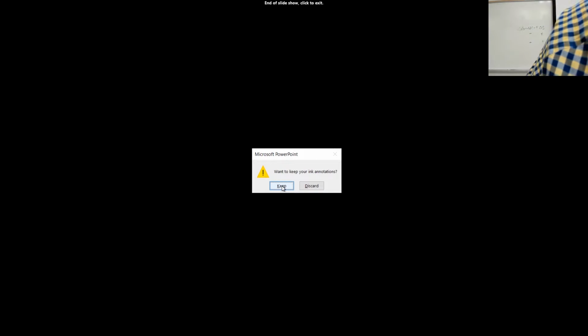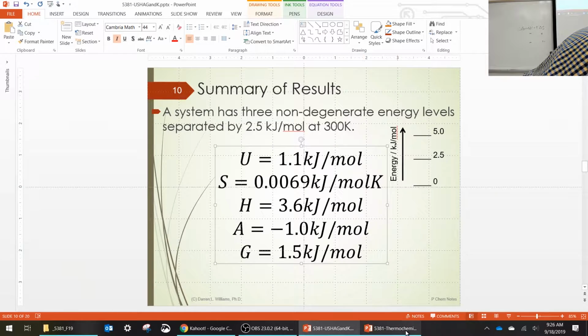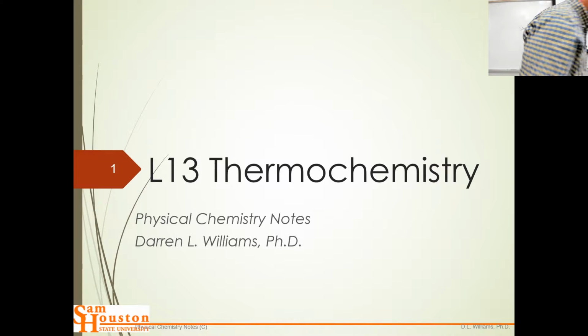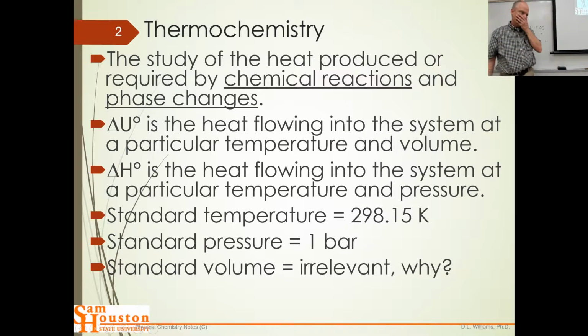Let's go on to the thermochemistry piece though, because this is super important for your calculations. This is just the study of the heat exchange in chemical reactions.